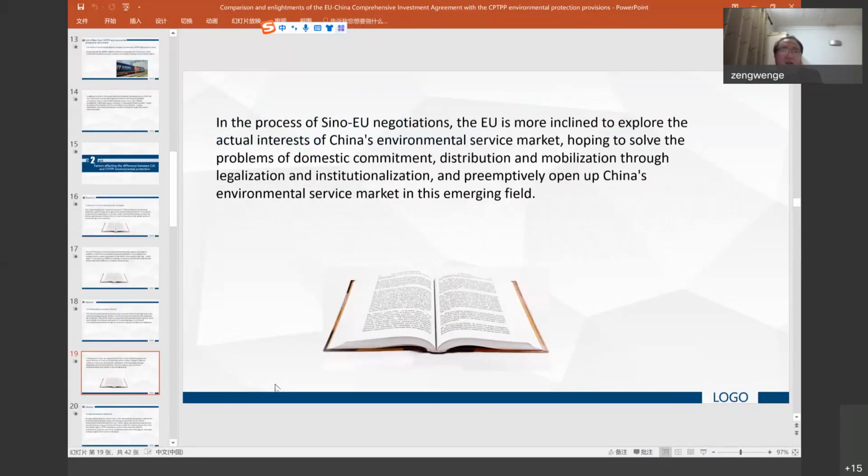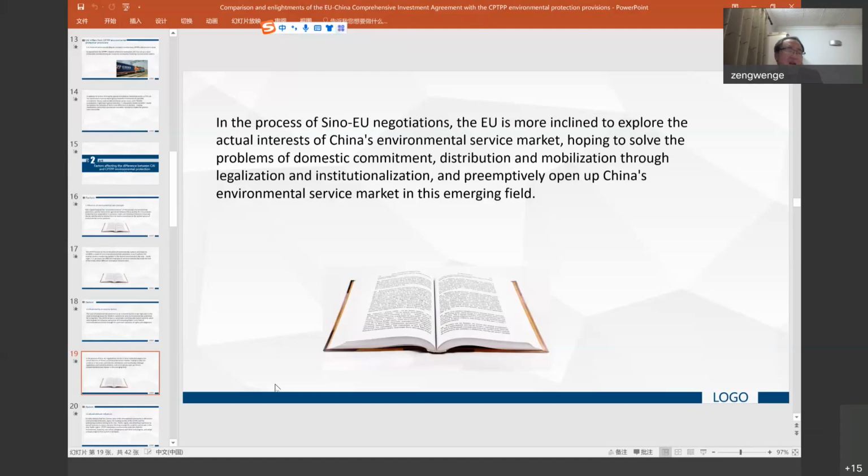In the process of EU negotiation, the EU is more inclined to the actual interest of China's environment service market, hoping to address the problem of domestic commitment, distribution, and modernization of legislation and institutionalization. So they have very big progress in this area.